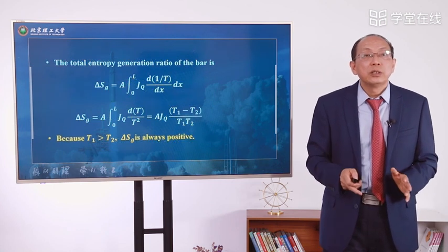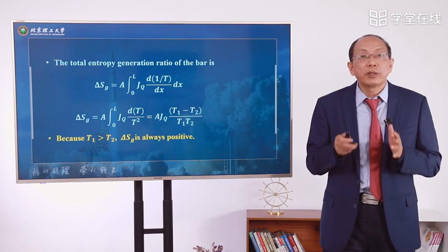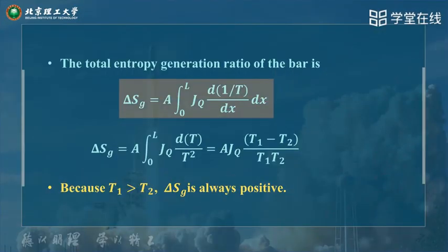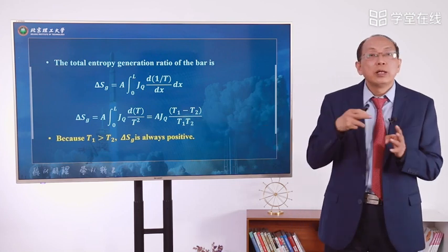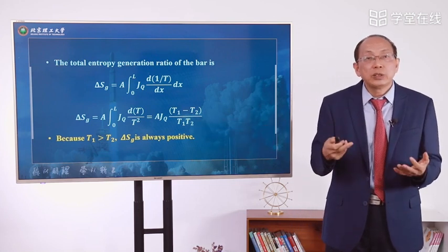The total entropy generation ratio of the bar is ΔSg equals A times the integration from 0 to L of Jq d(1 over T) over dx times dx. Finally, we obtain this equation because the integration from 0 to L is easy.